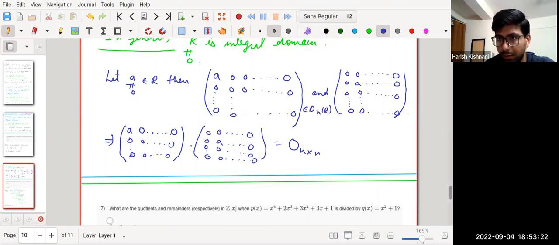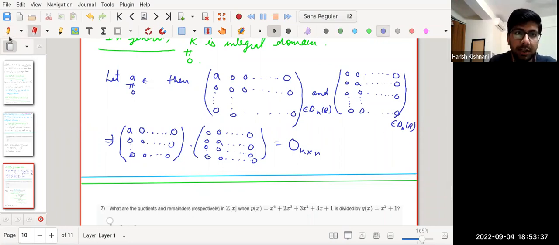Don't get confused. It's not the ring of real numbers, and now we are working with any arbitrary ring.